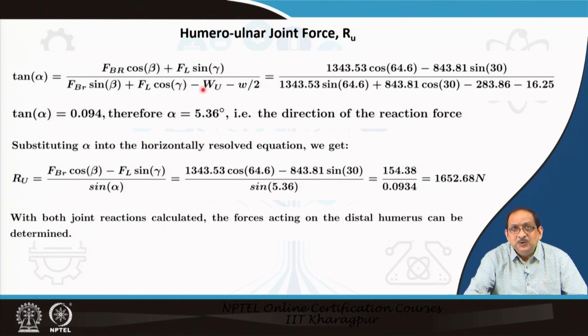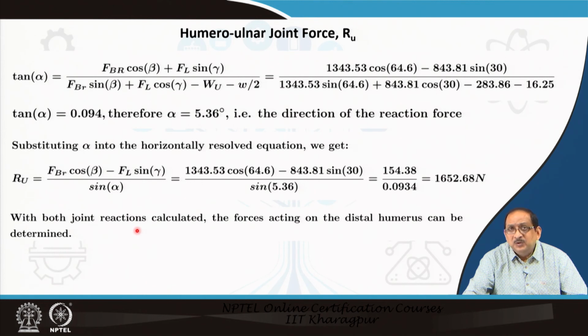You can see the new updated load Wu has been taken as 283.86, and of course, half of the limb weight is 16.25 Newton. So, with this new data, we calculate the angle alpha as 5.36 degree, and thereafter we can calculate the magnitude of the reaction force Ru as 1652.68 newtons.